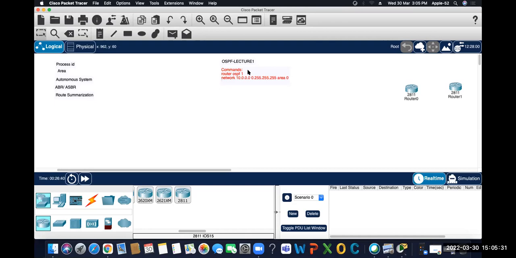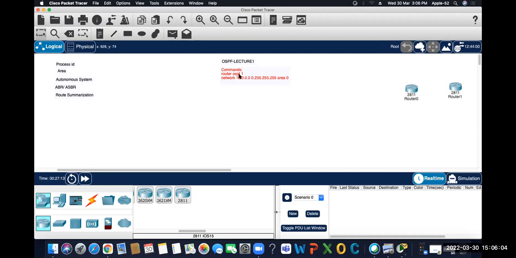I can bifurcate my networks for different teams. For example, I can tell one team, okay, you will take care of the 10 network, and the second team, you will take care of the 20 network. So team A can give themselves process ID 1 on the router, and team B can give any other process ID, up to 65535. They can give any number.